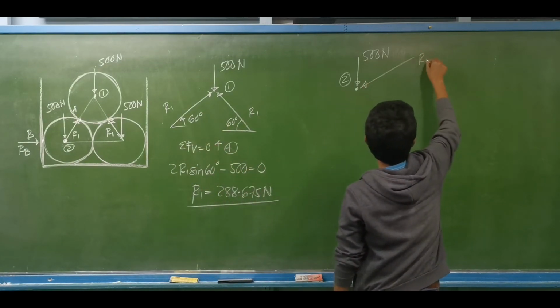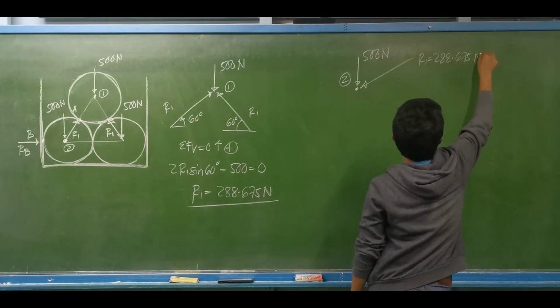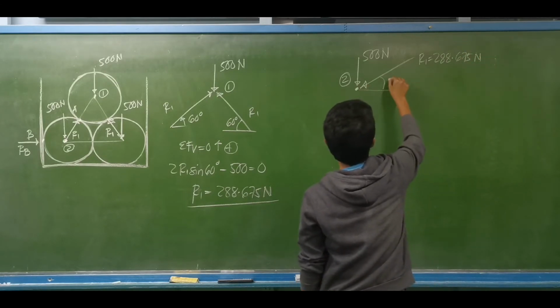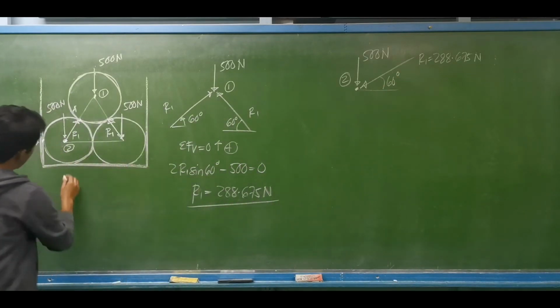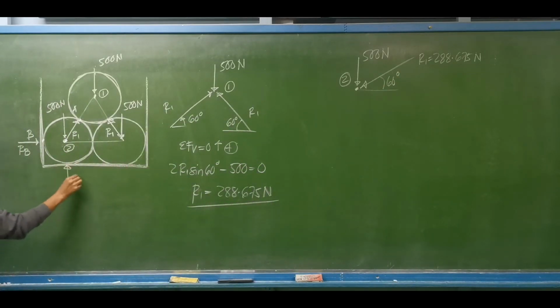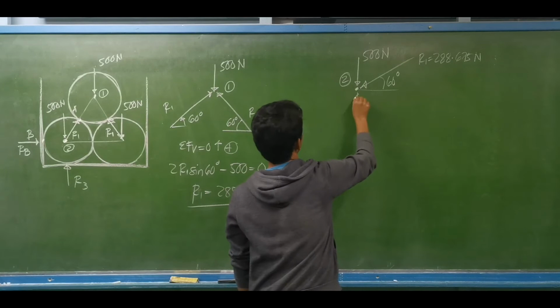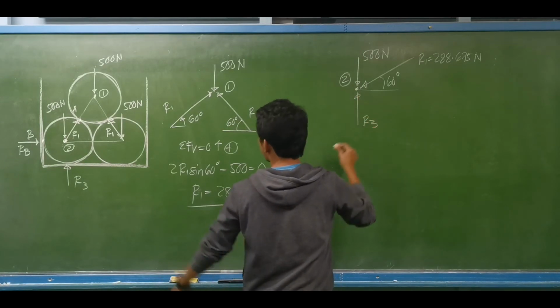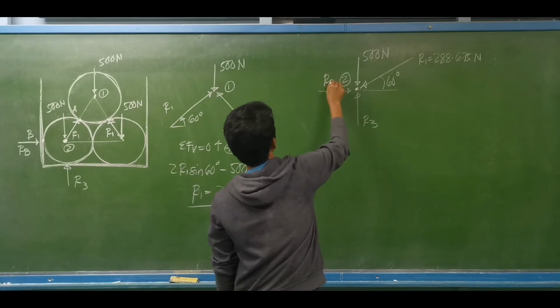This is R1 equal to 288.675 newtons, and the inclination is 60 degrees. Supposedly, we have this reaction under this cylinder, R sub 3, and we have the reaction on the wall, the reaction at B.